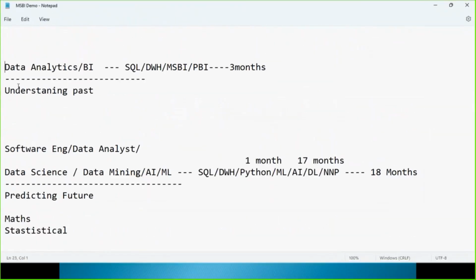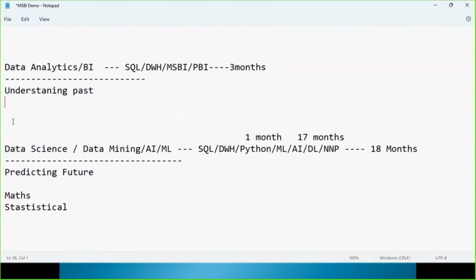Data analytics means understanding the past. Data science means predicting the future. Both of them are two jargons, technical things. Many people think both of them are the same. No, no, no. Data analytics, called business intelligence, is understanding the past, which is a 3 months course. If you want to get into data analytics or BA, what do you need to learn?